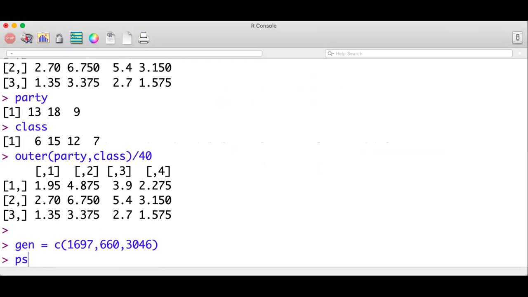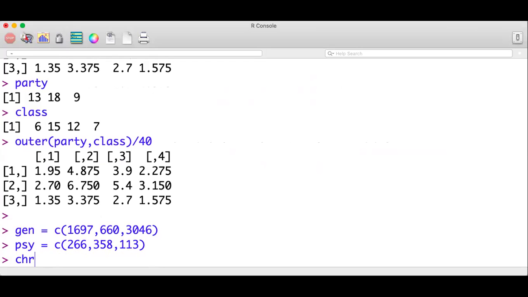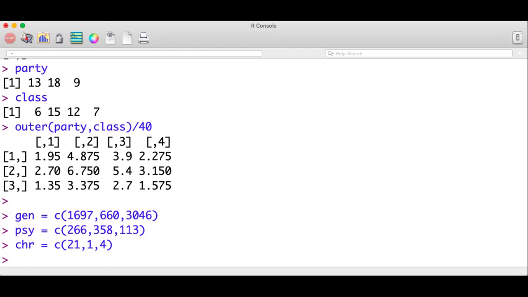For the psychiatric hospitals, which we'll call PSY, we'll have 266 government run, 354 proprietary, and 113 not for profit. For the chronic, which I'll call CHR, there were 21 government run, 1 proprietary, 4 not for profit. And for the others, there were 62 government run, 148 proprietary, and 204 not for profit.